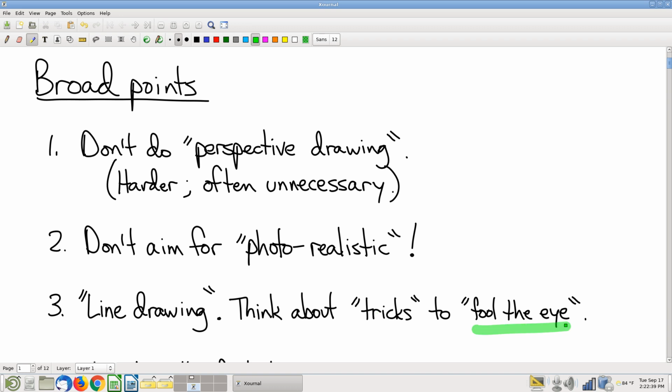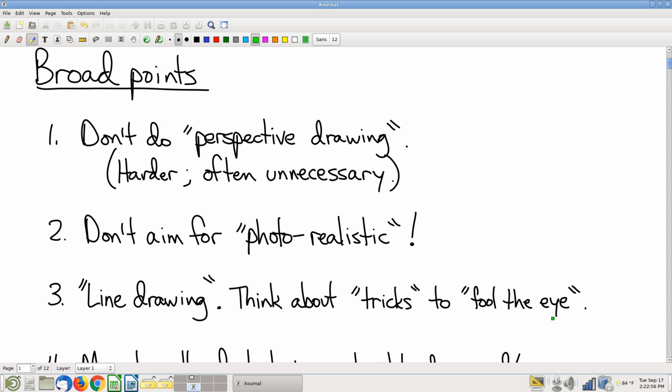We'll say to fool the eye, but your brain will look at things that you've done with simple line drawings and infer that things are there when they aren't. So that's one of the things that we're going to talk about in a few moments.